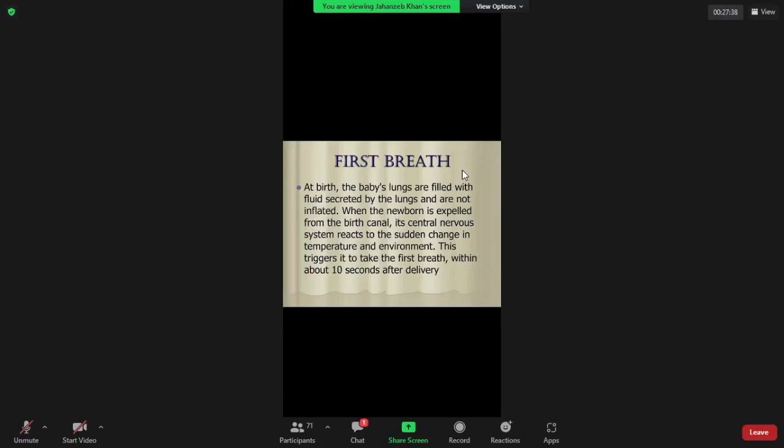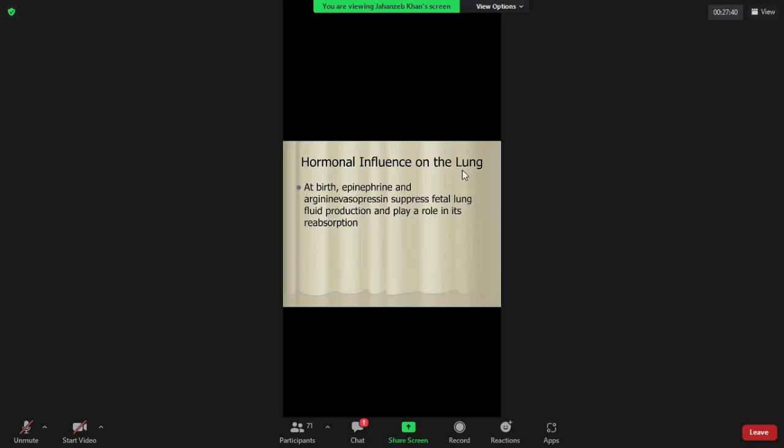So hormonal influence at birth: epinephrine, ठीक है ना, arginine vasopressin basically suppress fetal lung fluid production and play a role in its reabsorption. So if you are in the alveolar period, birth is basically at the alveolar period. It takes about 8 years.